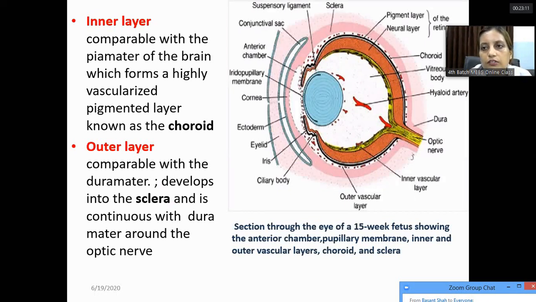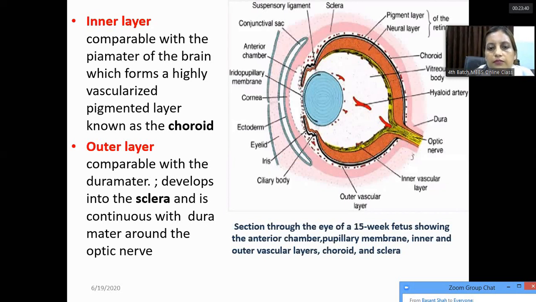So we know the uveal tissue is a very vascular layer of structures, and in that the choroid is the most vascular. You see, it is compared with the pia mater of the brain. So this is the inner layer. And the outer layer, comparable with the dura mater, develops into the sclera, and it is continuous with the dura mater around the optic nerve.